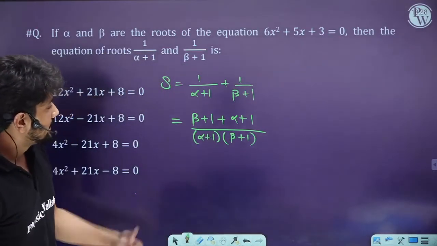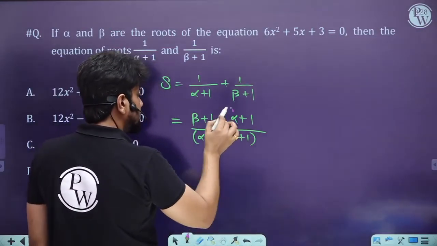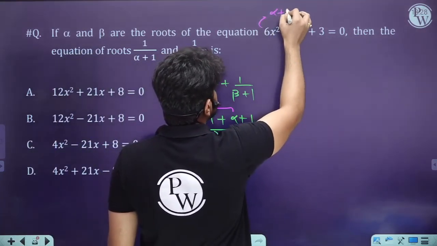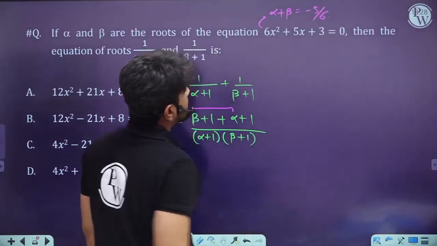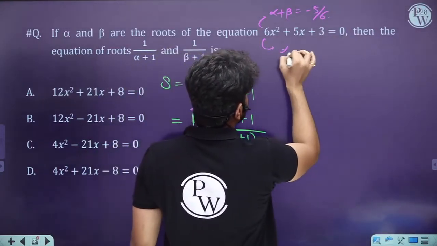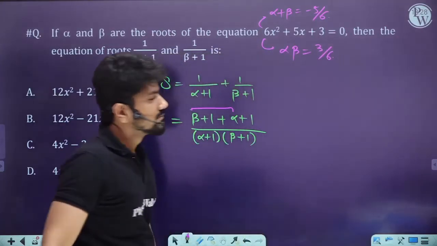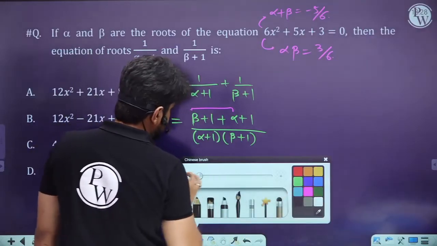Okay, this is how you take an LCM. Now we have the value for alpha plus beta over here, because alpha plus beta is going to be minus b by a, minus 5 by 6, and alpha into beta is going to be c by a, which is 3 by 6. Okay, multiply the denominator.